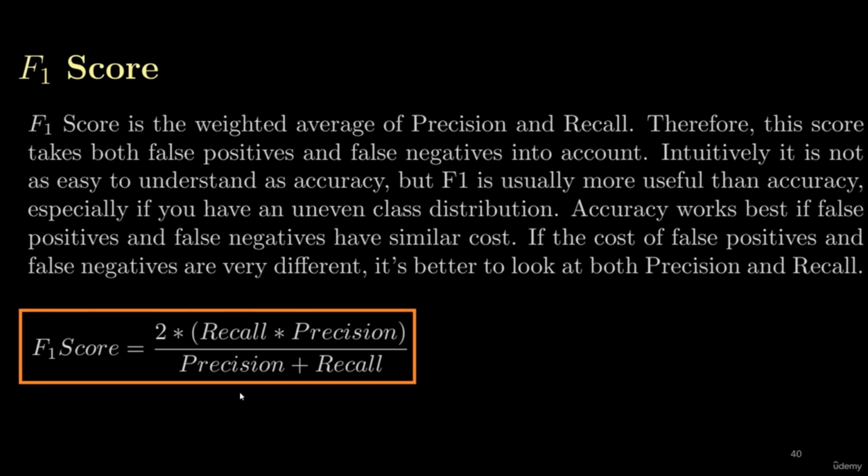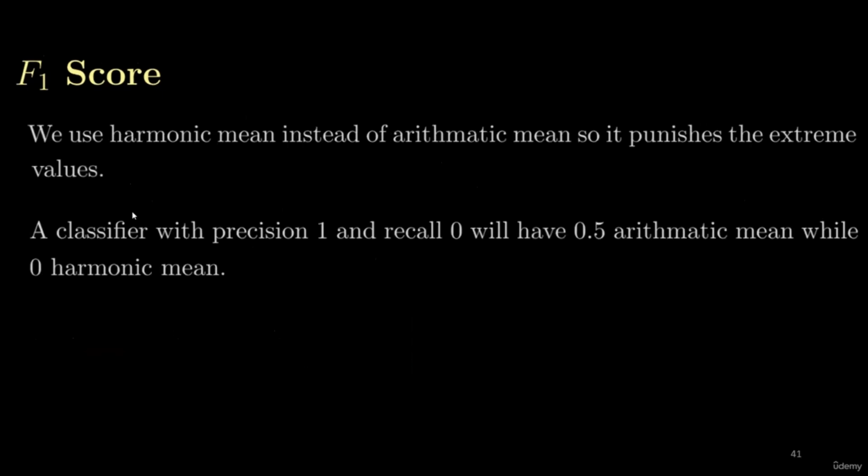Arithmetic mean will be the sum of precision and recall divided by 2. It is like the mean of two numbers. If I have two numbers A and B, the arithmetic mean will be A plus B divided by 2. Similarly, the arithmetic mean of precision and recall will be precision plus recall divided by 2. So what is the disadvantage of the arithmetic mean?